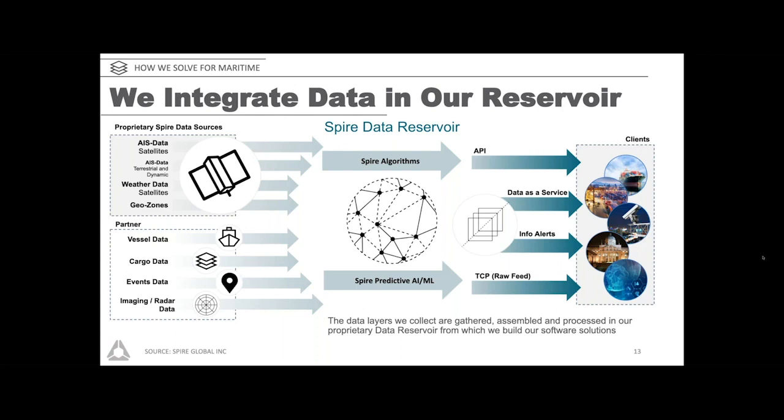I usually say there is no single Spire customer, we cover any type of person who may have a slight interest in the maritime industry, from government customers to commodity traders to logistics companies to ship brokers, etc. So there's a lot of possibilities of what you can do with our very flexible APIs.